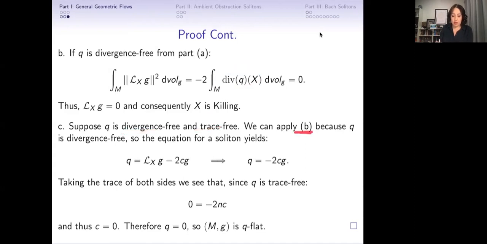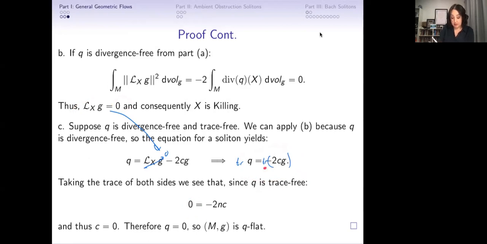We know that from B, because q is divergence free, we can apply that. So we know that our original equation for the soliton can be transformed into q equals -2cg. Why? Because our Lie derivative term equals 0. So I know that q is equal to -2cg. Taking the trace of both sides of this, since q is trace-free, I get 0.